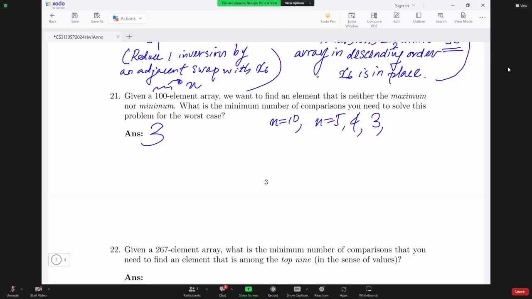Then, because you only have 3 elements, you just sort the 3 elements by 3 comparisons.